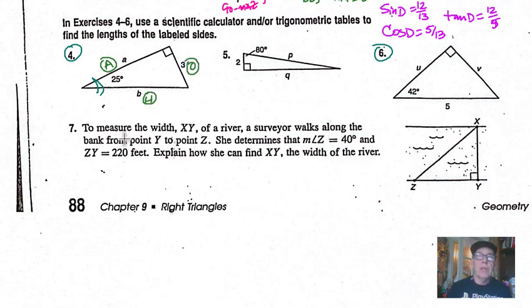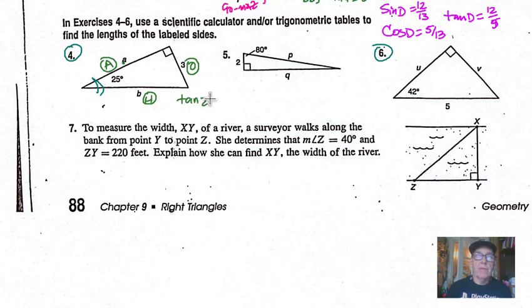And we want to find the lengths of the labeled sides. So we want to find out what A is. So let's say we're looking for A first. A is an adjacent side, and we're given an opposite side. Adjacent and opposite goes with tangent. This has to be done as a tangent problem.